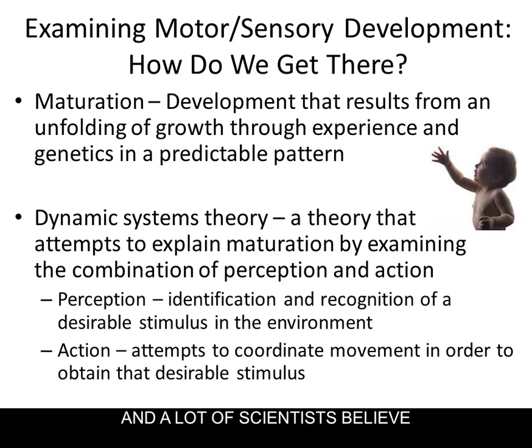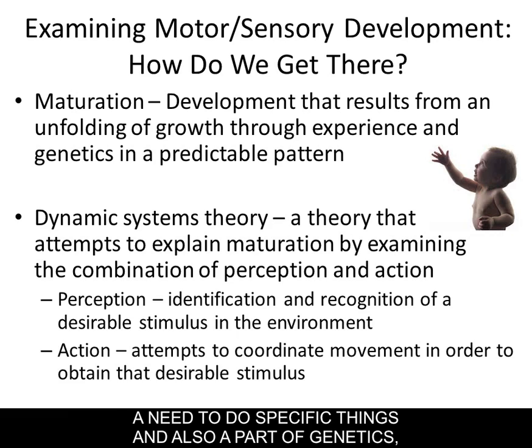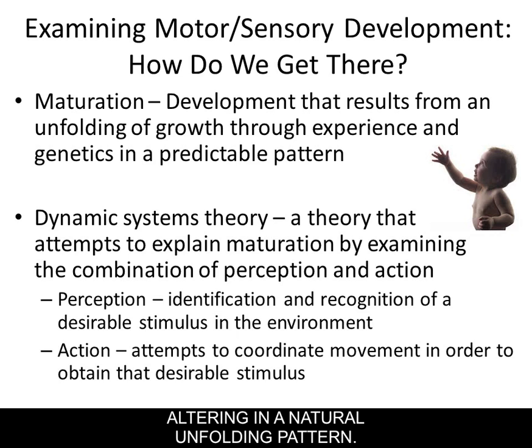A lot of scientists believe that this growth is a product of two things: experience, a need to do specific things, and also genetics. So our body changes, altering in a natural unfolding pattern.